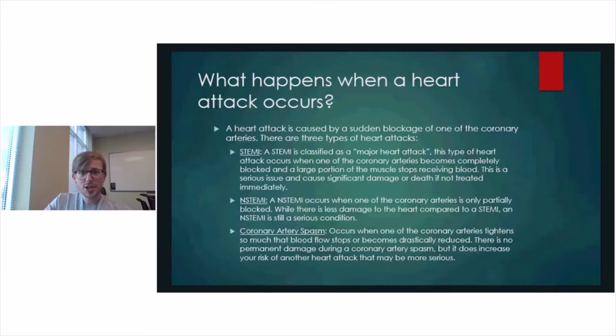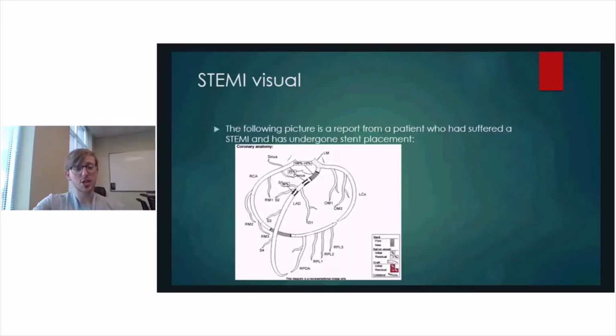So this picture is just a visual. This is actually a cath report after somebody presented with an ST elevated myocardial infarction and had a stent placed. As you can see in the very middle, this is a picture of that patient's coronary anatomy, so all of their blood vessels around their heart.